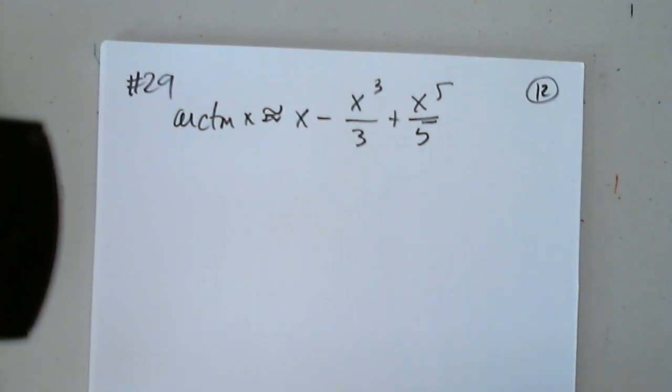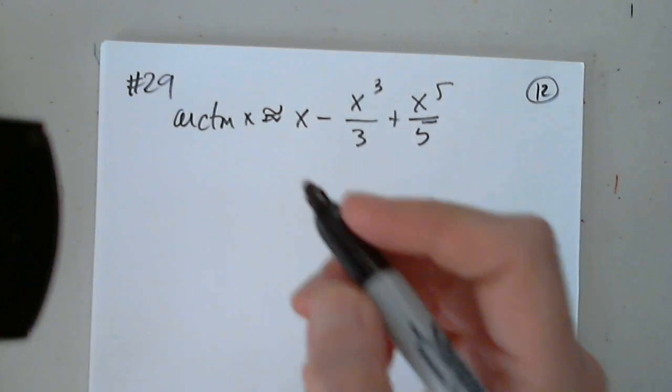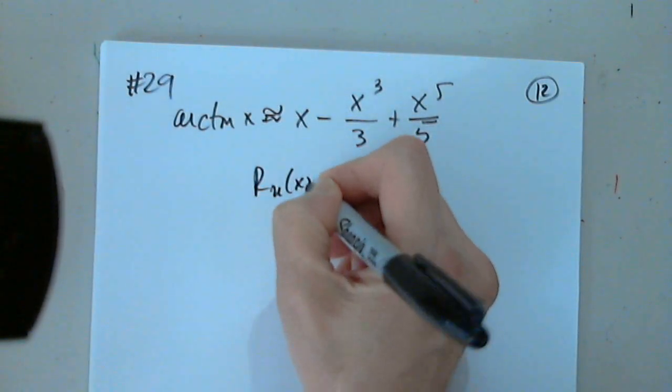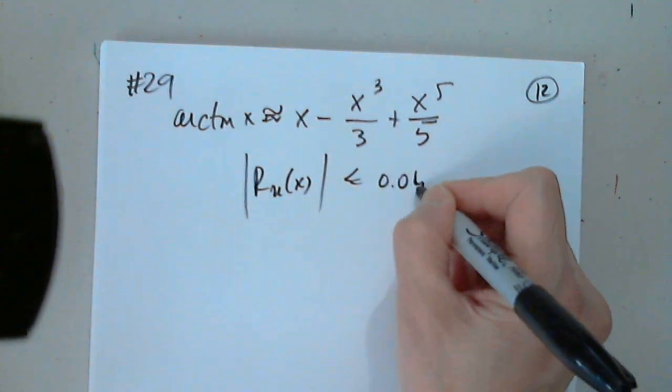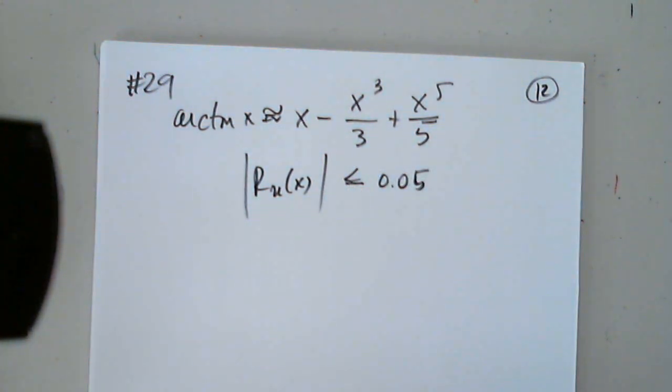So use the alternating series estimation theorem or Taylor's inequality to estimate the range of values of x for which the given approximation is accurate to within, so the error, so Rn has to be less than or equal to 0.05. Okay, so find x this time. Find the range for x.